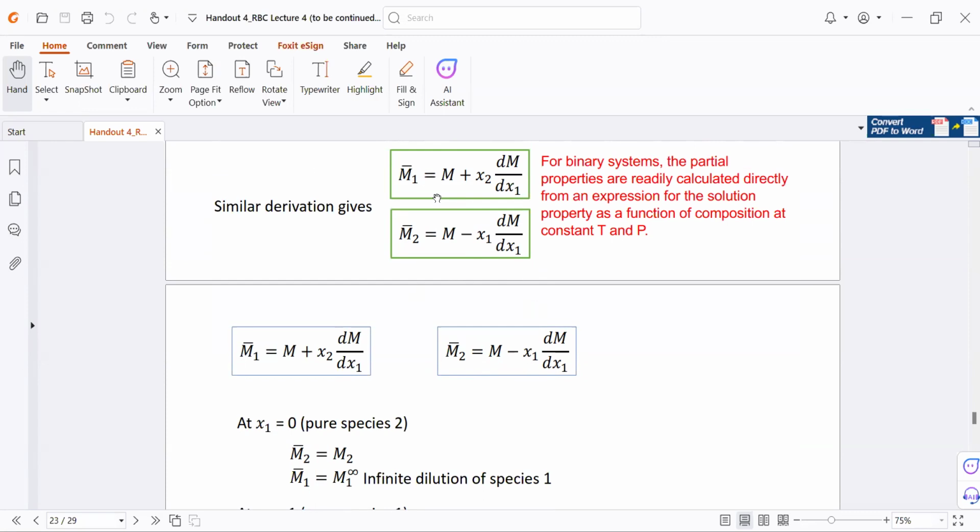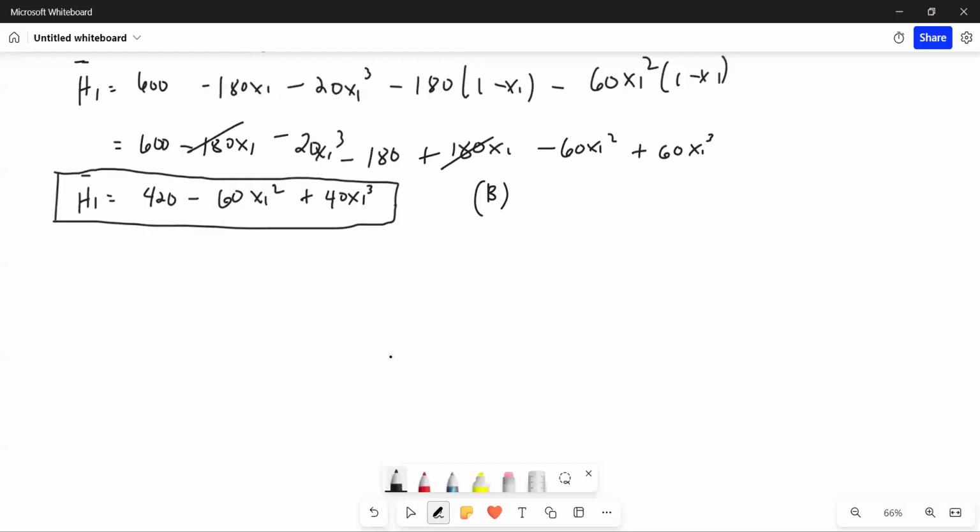We replace the property M with enthalpy, so that is H2 bar equal to H minus X sub 1 dH over dx1. Like what we did before, we replace H with equation A and dH over dx1 with the derivative.